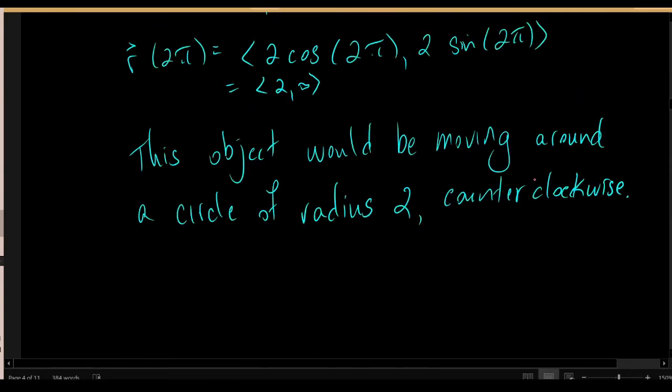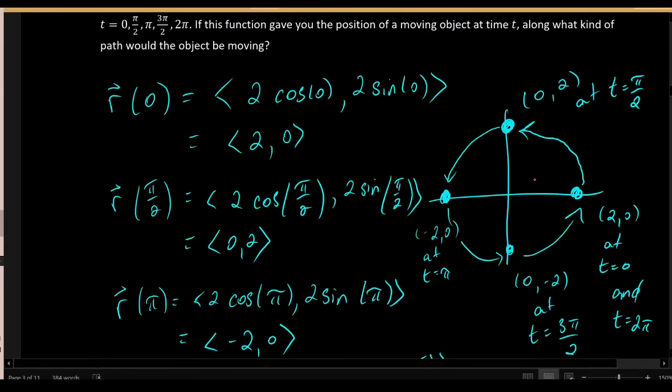For example here, I didn't graph the entire vector 2, 0, I only sketched in that vector's terminal point, the point 2, 0. I sketched in the point 0, 2, the point negative 2, 0, and so on and so forth.